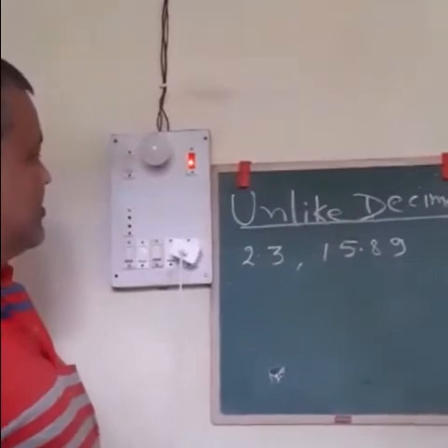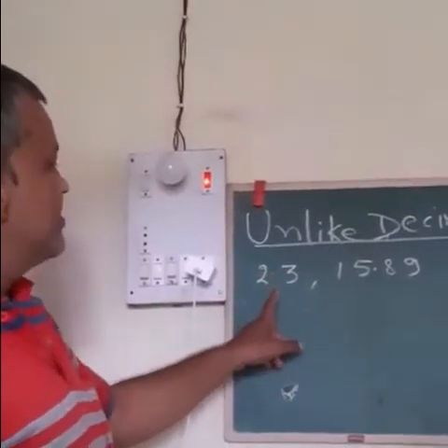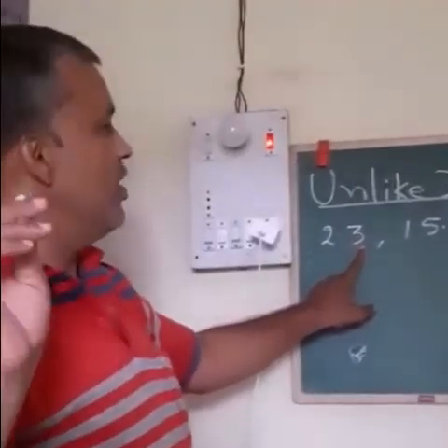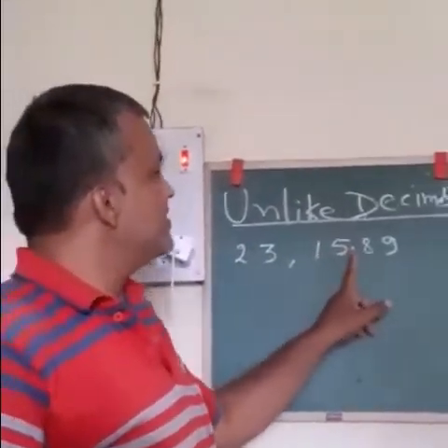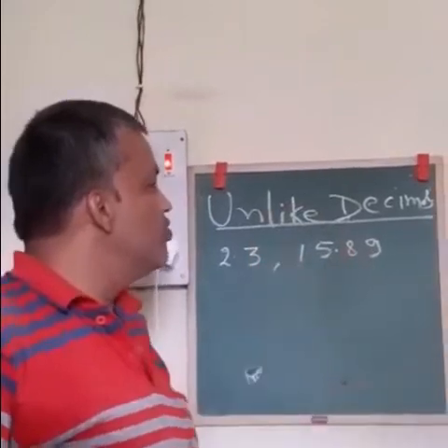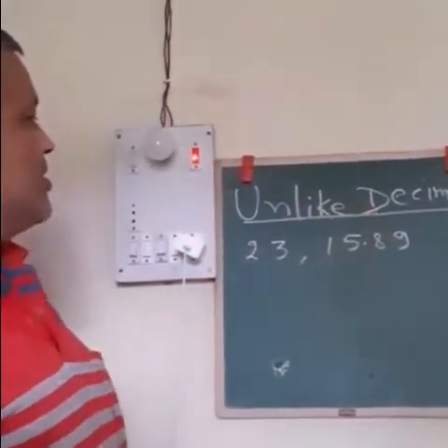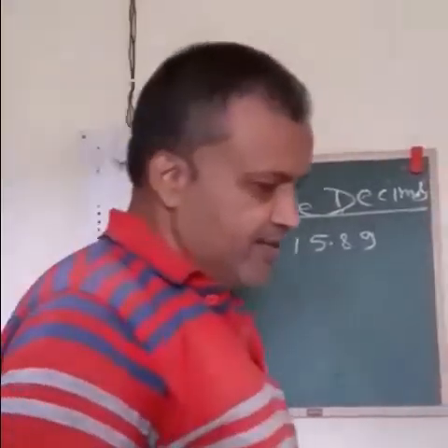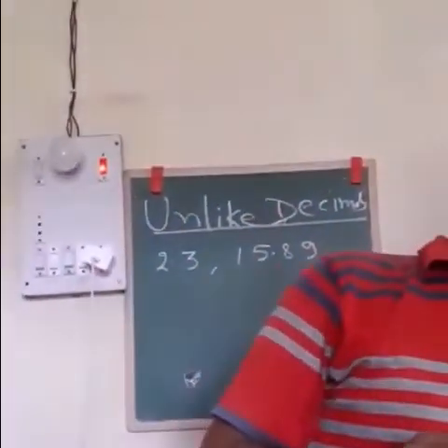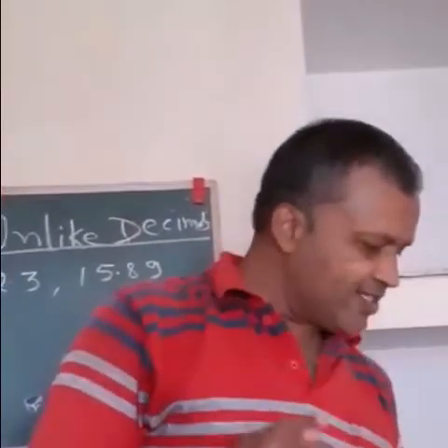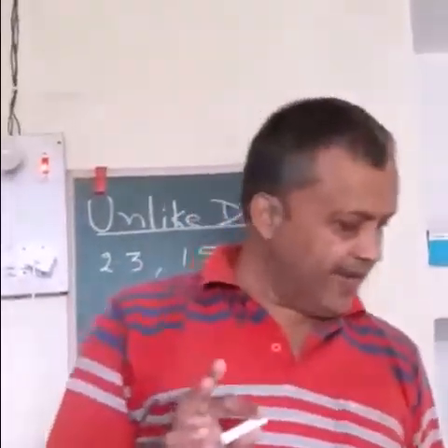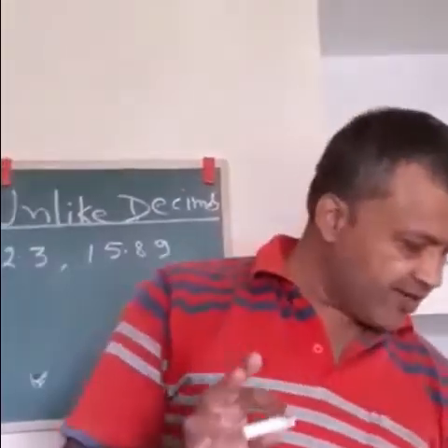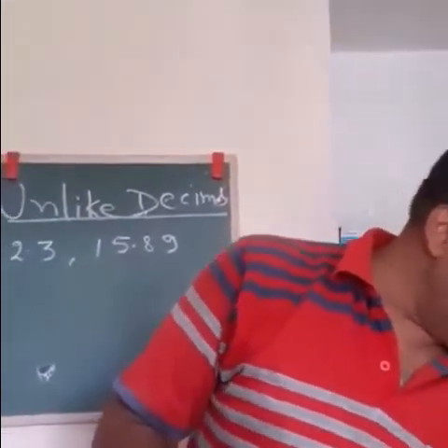We see here the digit at the right side of the decimal is only 1. Here the digits at the right side of the decimal are 2. So these both numbers are examples of unlike decimals. So we can write the definition of unlike decimals: decimals having a different number of decimal places are called unlike decimals.